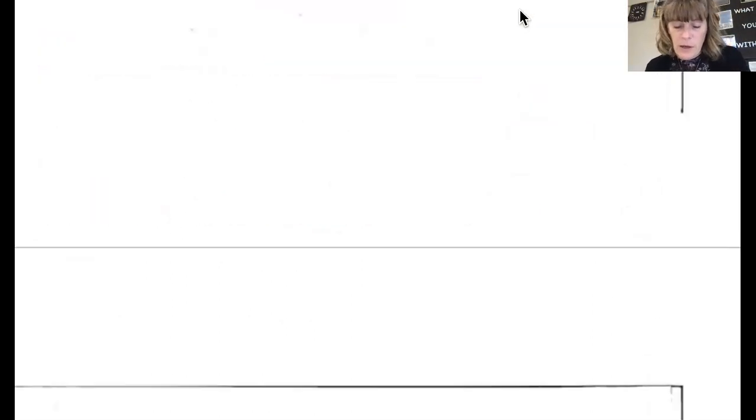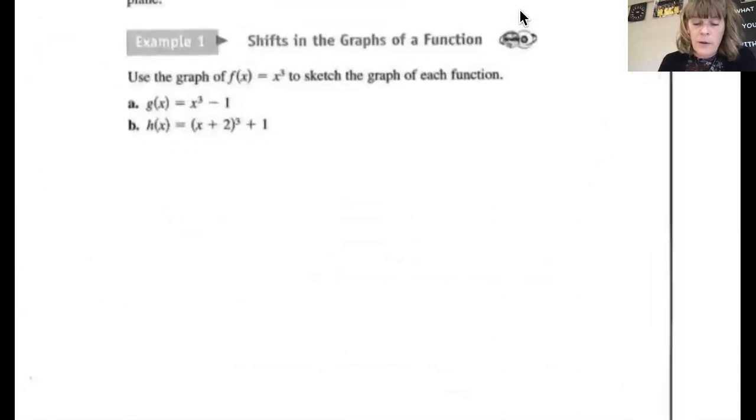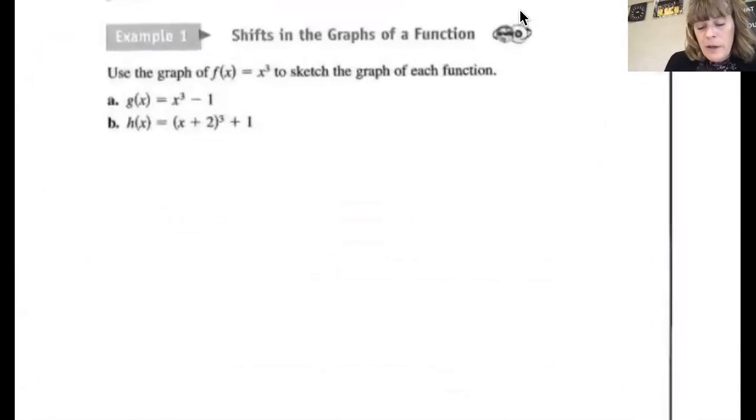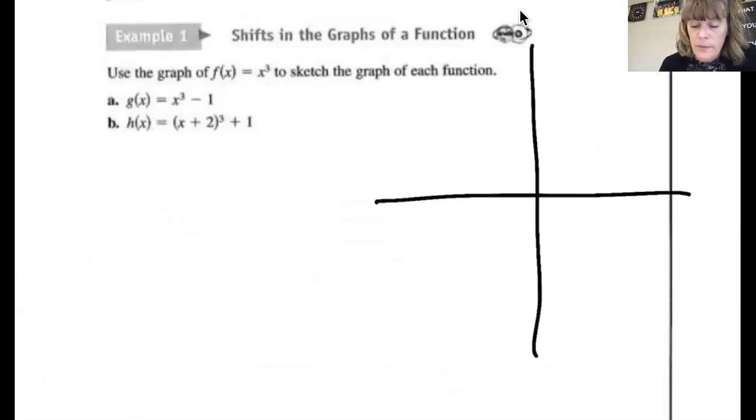Okay, so let's get to an actual example. So we have the graph of f of x equals x to the third. We're going to do some shifting with it. Okay, so first of all, let's go ahead and graph the generic y equals x to the third.